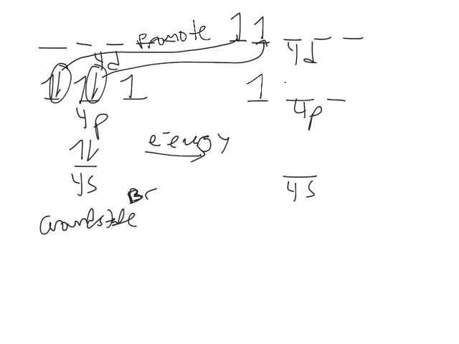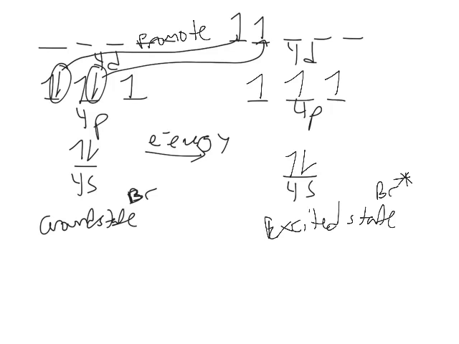We're going to fill in the rest of our electrons now. This is going to be the excited state as well, which will give a star to the bromine central atom.